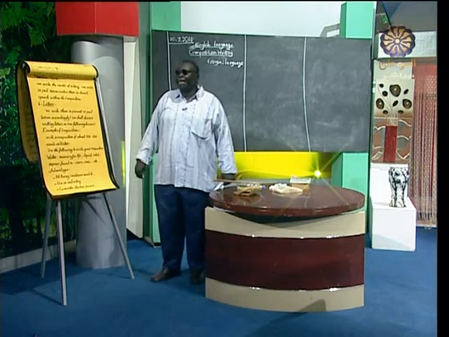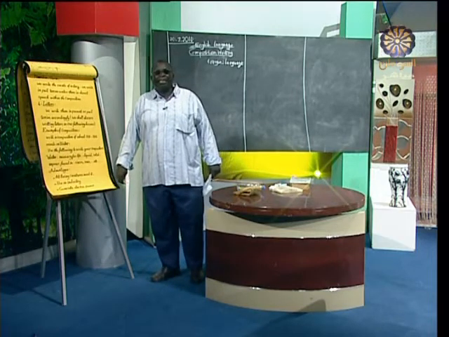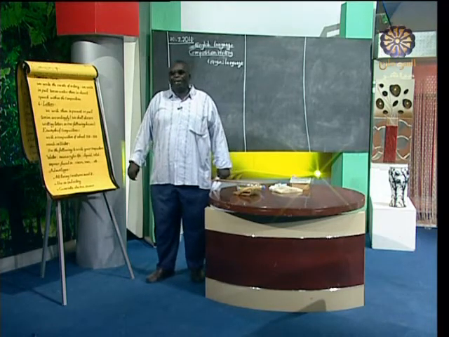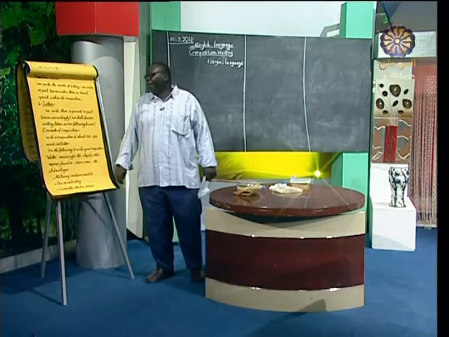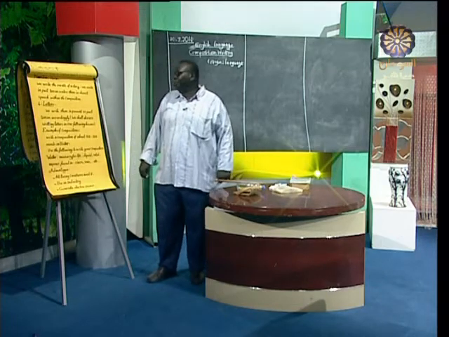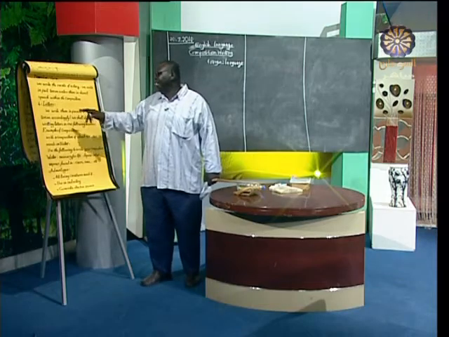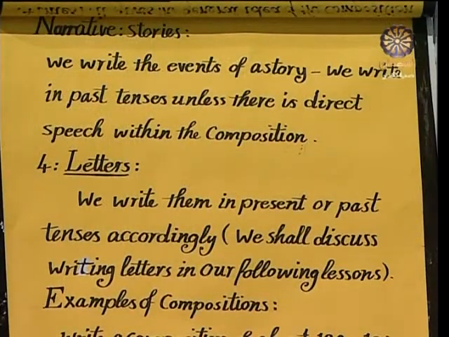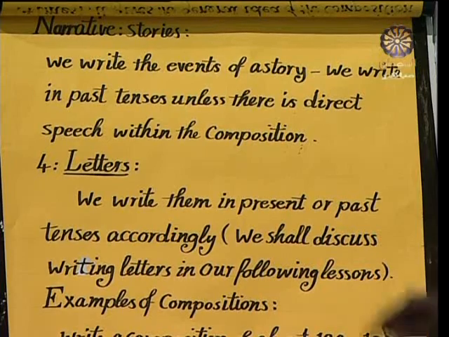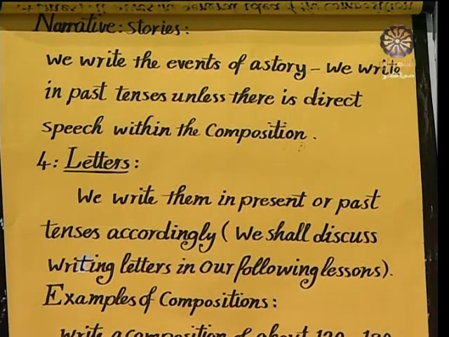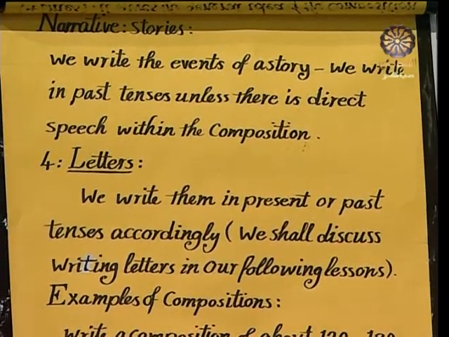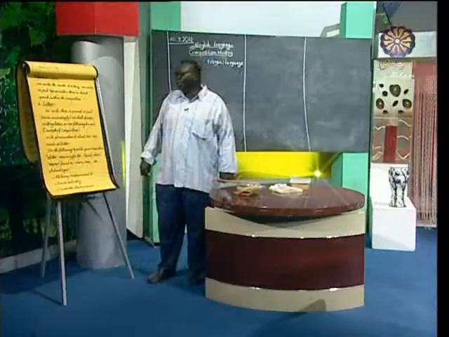But if I am asked to write about the places of tourism in Sudan, and I want to describe this to a pen friend, in this case, I'm going to use the present tenses. That's why I'm saying we use either the present simple or the past simple accordingly. We shall discuss the writing of letters in our following lessons.